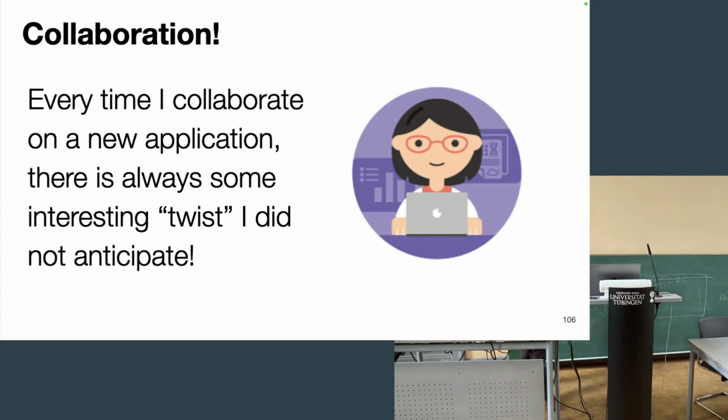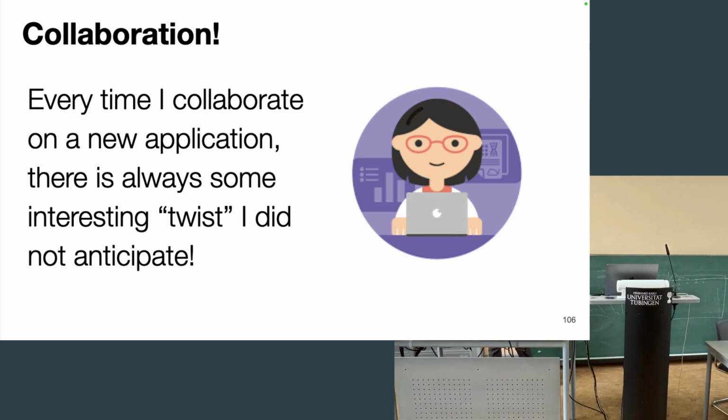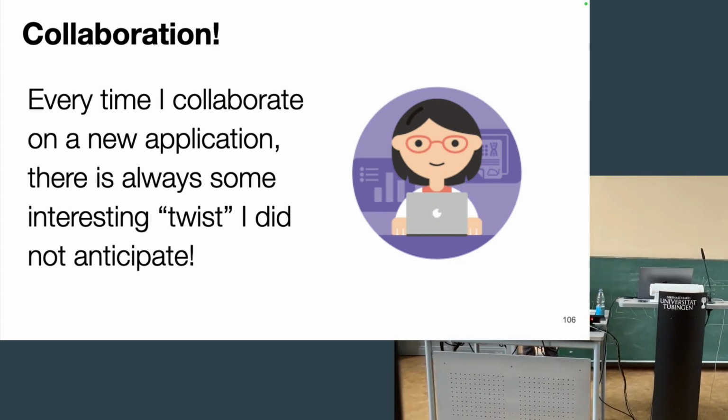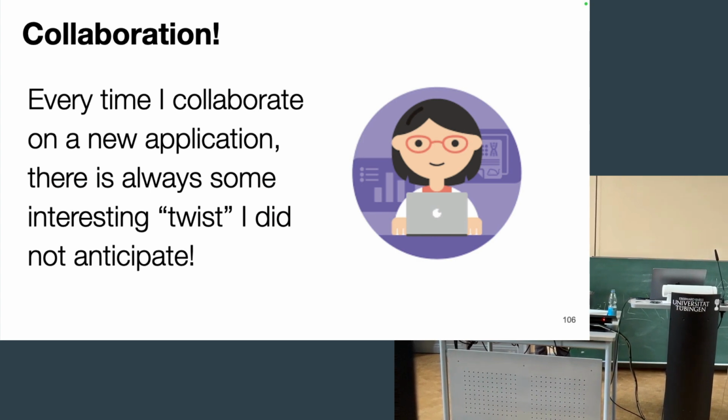The first is that Bayesian optimization enjoys this status where it's basically a pretty mature technology by now. There's this excellent software. People can download it and use it, and people are doing this all over the place, publishing these papers. But something that I find is that every time I collaborate with somebody who's not a machine learning person that wants to use Bayesian optimization, if I spend enough time talking to them, I realize that they have some twist that I did not anticipate.